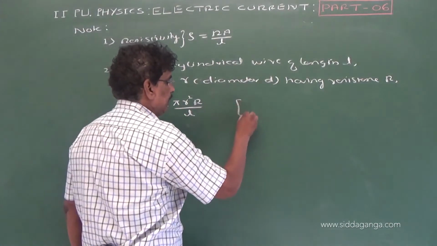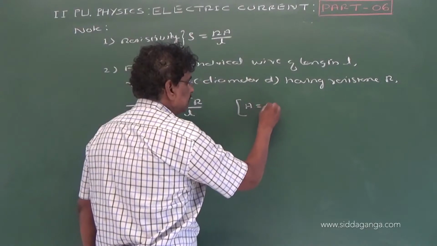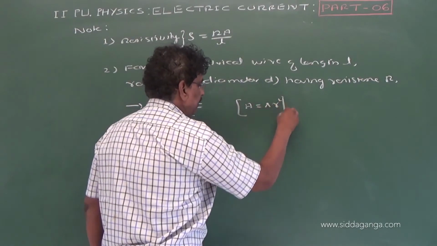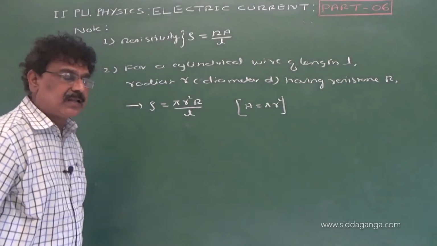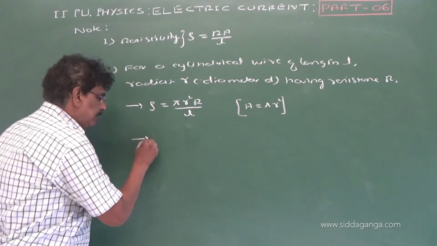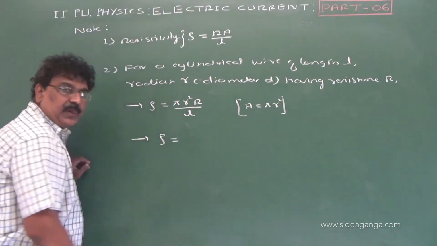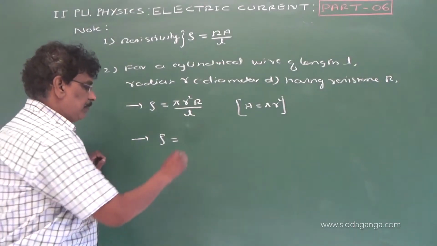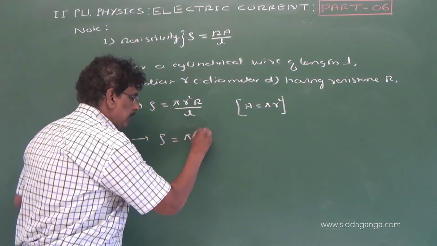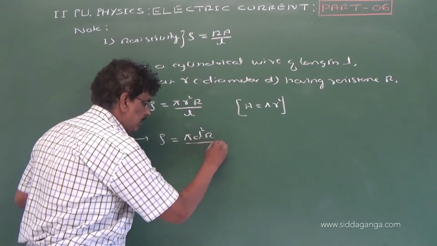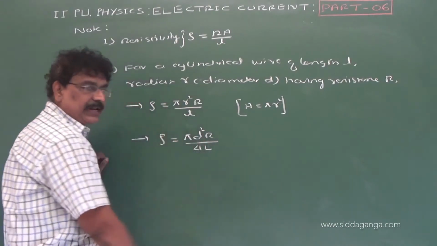It is because the area of cross section of a cylindrical wire is pi r square. Or in terms of diameter, rho is equal to pi D square R by 4L.